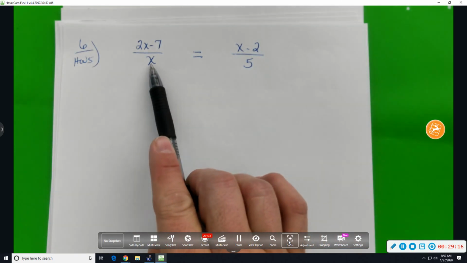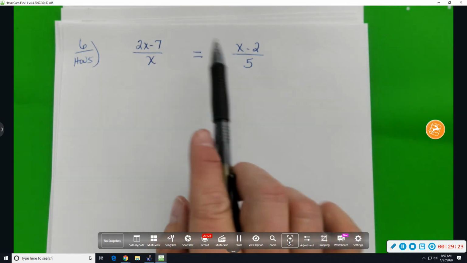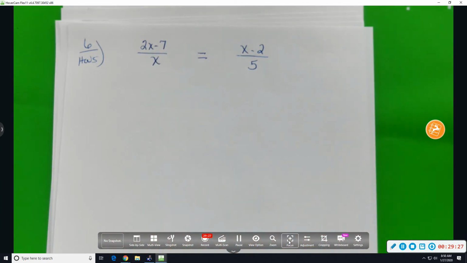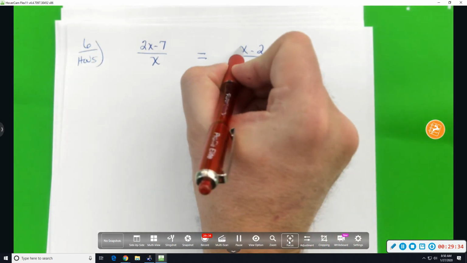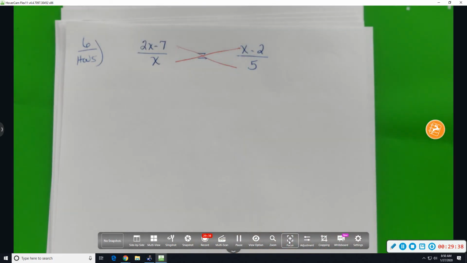And what else would I need to multiply both sides by? A 5? So if you want to go 5x, and cross cancel over here, that's fine. What I do when it's just a fraction equals a fraction, I'll make these little marks like this, which means cross multiply. And even at the end of the semester, when there's a fraction equals a fraction, I'll ask, what am I going to do? And someone will say, cross multiply.